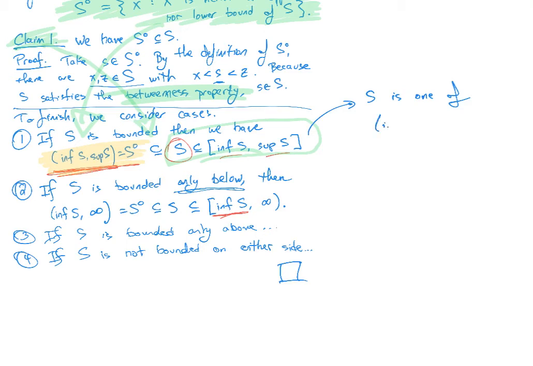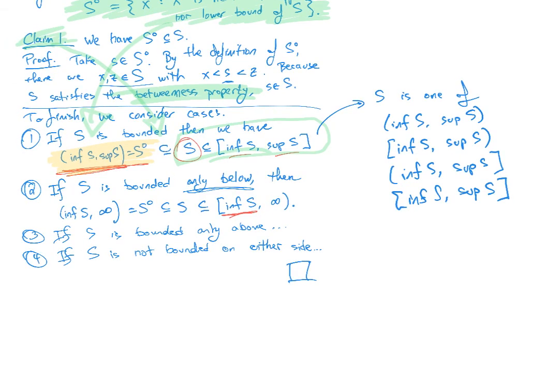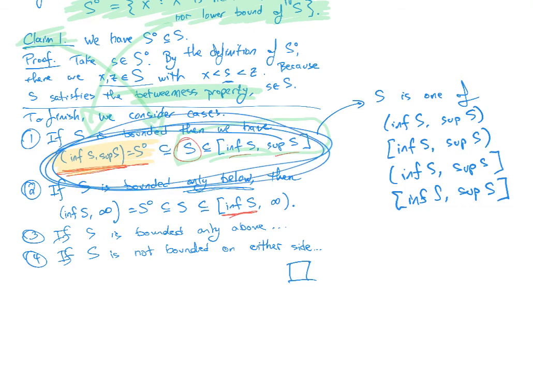So that's the smallest it could be. It could contain the infimum but not the supremum. It could contain the supremum but not the infimum. Or it could contain both. That just follows from S being a superset of this open interval and a subset of this closed interval. There's only 2 points that doesn't tell us about, the infimum and the supremum. Cool, thanks.